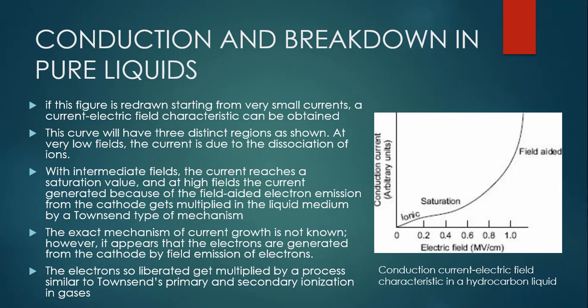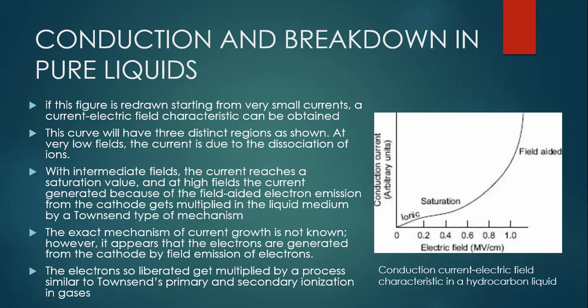As the breakdown field is approached, the current increases rapidly due to a process similar to the primary ionization process, and also the positive ions reaching the cathode generate secondary electrons leading to a breakdown. So this is the region that we are talking about, similar to the Townsend's primary and secondary ionization process.